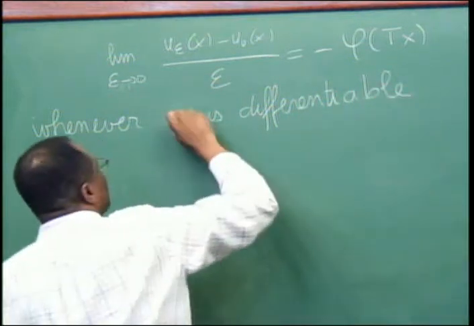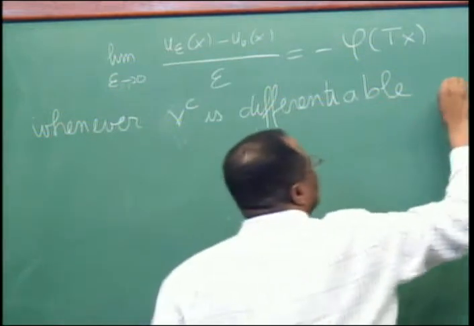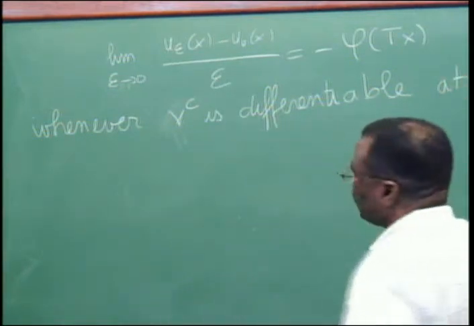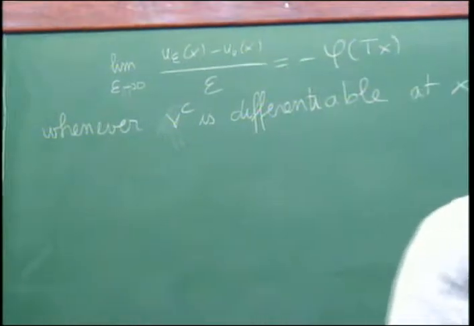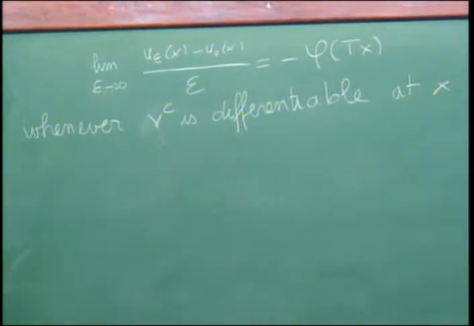So V^c is differentiable at x. And since we know that this is differentiable almost everywhere on S, it means that this equality holds almost everywhere.